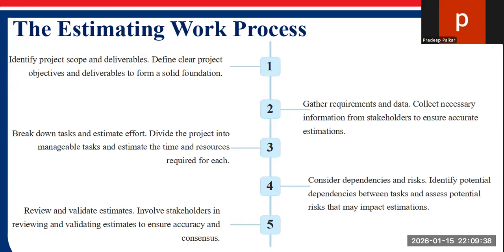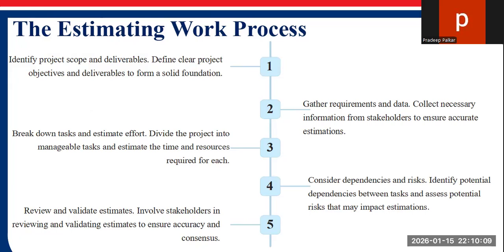Break down the whole project into tasks and estimate the effort, that is, how much human work is needed, how much automation is needed, and decide the time and resources. Those are the steps in the estimating work process.